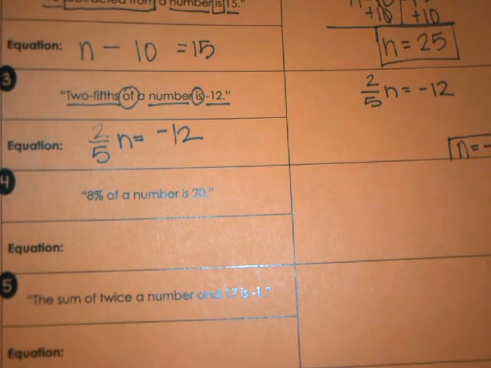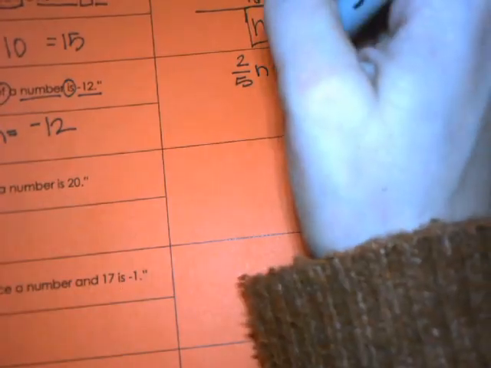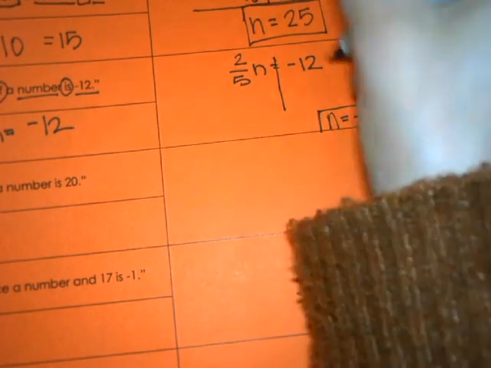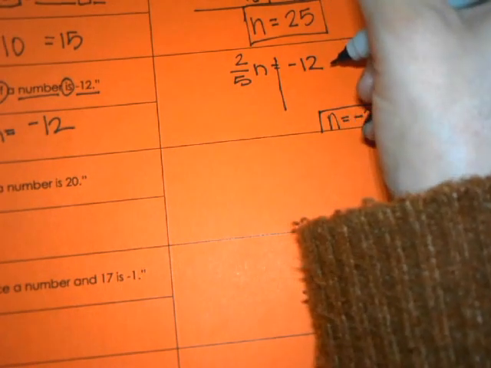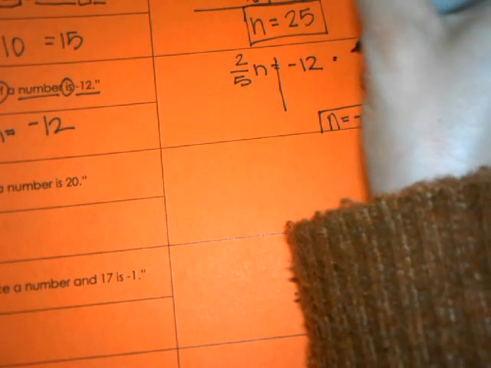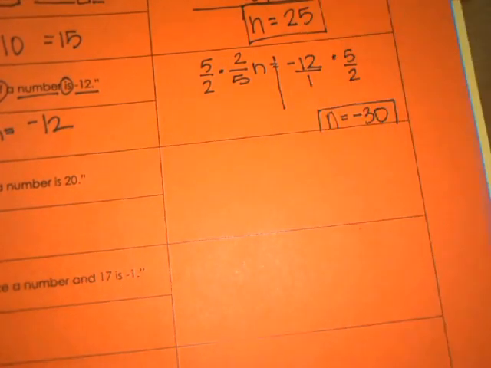Here is why. Okay? Remember, how do I get rid of this 2/5? And if I'm dividing by 2/5, that's the same thing as what? Multiplying it by 5/2. So when I do that, I have 12 over 1.